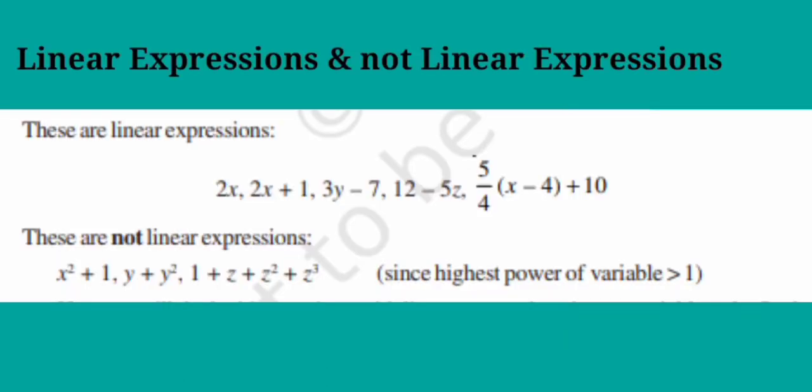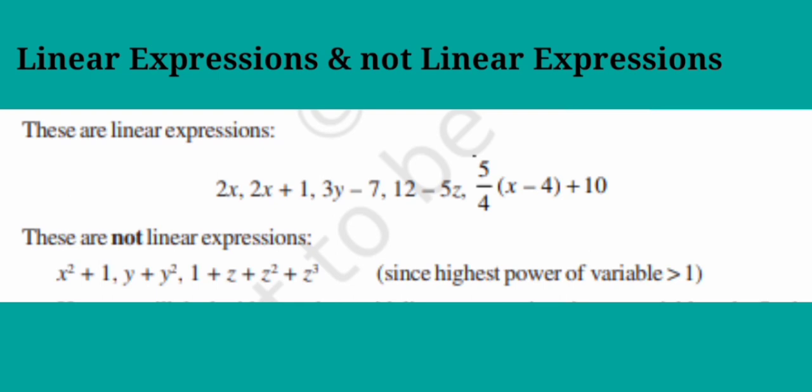Understood? Now students, our next topic is linear expressions and non-linear expressions. This we can understand very well from our NCERT book. Just see, these are linear expressions: 2x, 2x plus 1, 3y minus 7. They are linear expressions because, just see the variable.